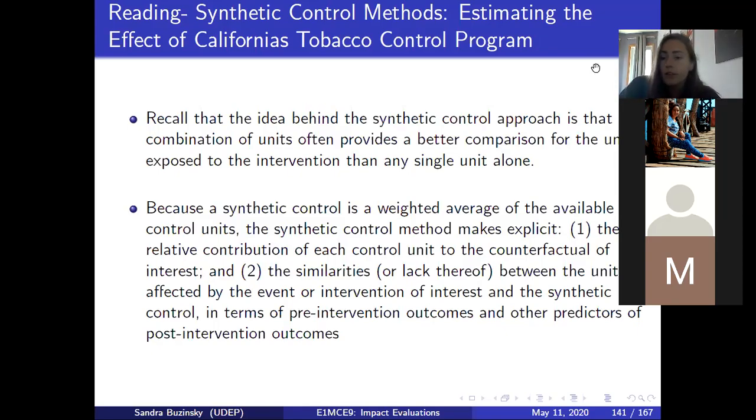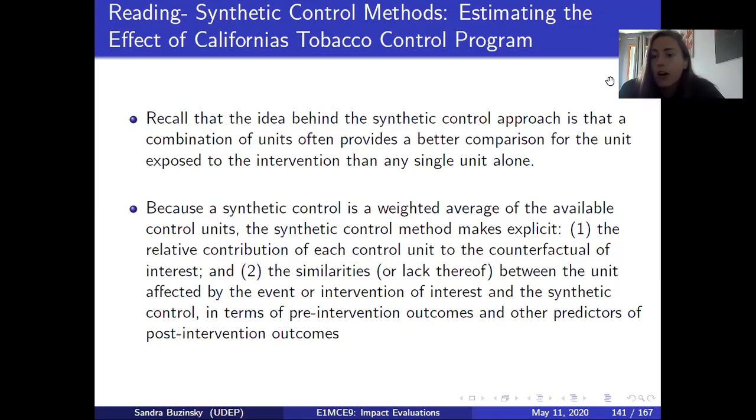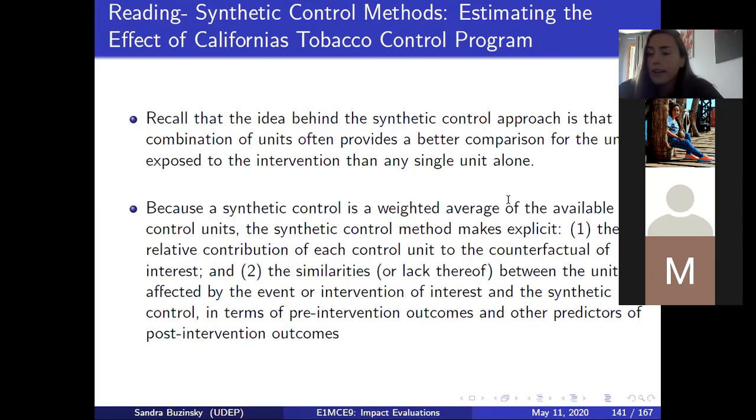Okay, so the synthetic control is a weighted average of all the untreated units that you're including. And that doesn't mean they're all going to be perfectly weighted, right? If one state, for example, seems to not be related at all to the treatment group, it's probably going to get a weight of 0, so none of its characteristics are included in the synthetic control, just because it's not similar enough, okay?